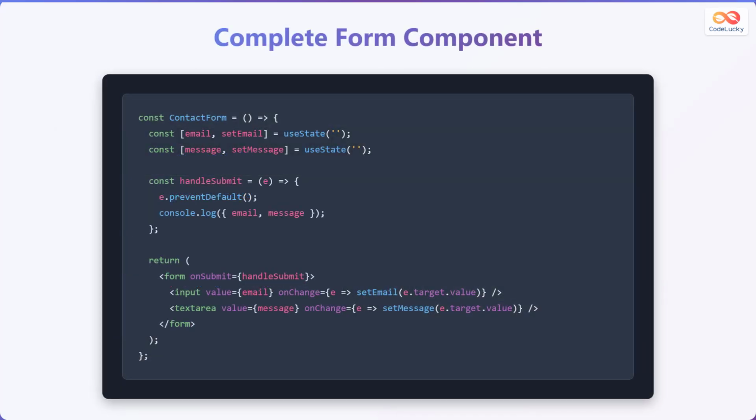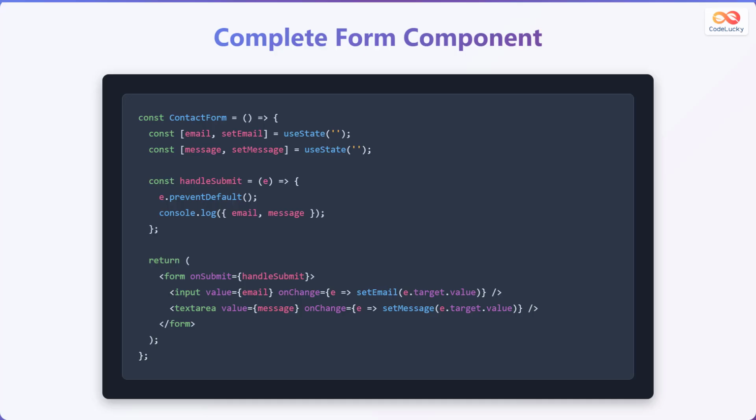Let's take a look at a complete form component example. Here's the code for a contact form component. We declare two state variables, email and message, along with their corresponding update functions, setEmail and setMessage, using the useState hook. We define a handleSubmit function that prevents the default form submission behavior and logs the email and message values to the console.